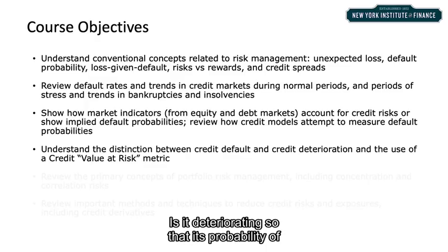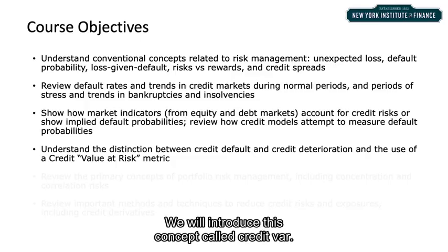Is it deteriorating so that its probability of non-performance or probability of default is increasing over that period of time? It hasn't defaulted yet, but what is the deterioration? We usually call that migration of credit risk from a stable state to a worse state.